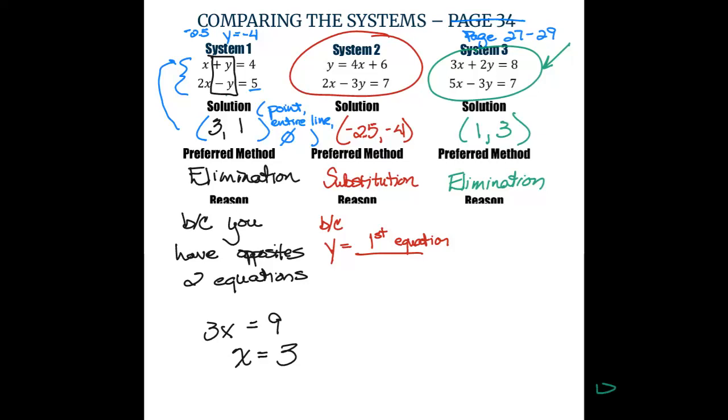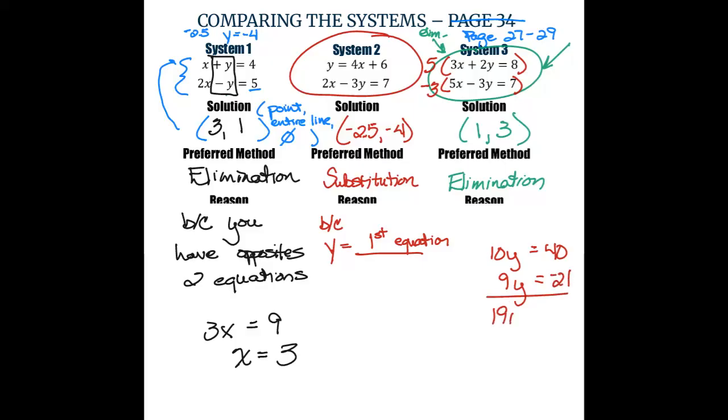But let's say I tried to get rid of the x's. If you have 3x and 5x, your least common multiple would be 15. So you might multiply the first one by 5 and the second one by negative 3, to get the opposite, negative 15. If I do that, I'm going to get 10y equals 40 and negative 9y equals negative 21.